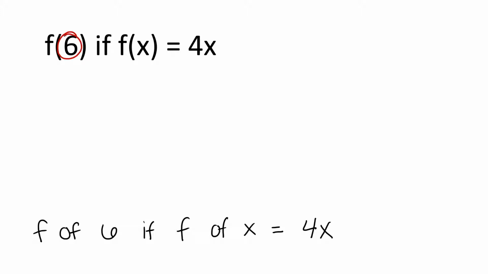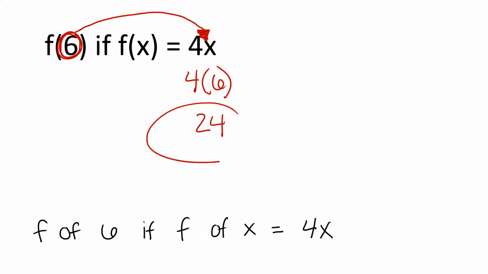You take your number here in the parentheses and you put it in for the x value in the problem. So instead of 4 times x, we're going to do 4 times 6, which is going to give us 24. And that's our answer. Just less work than the framed problems earlier in the video.